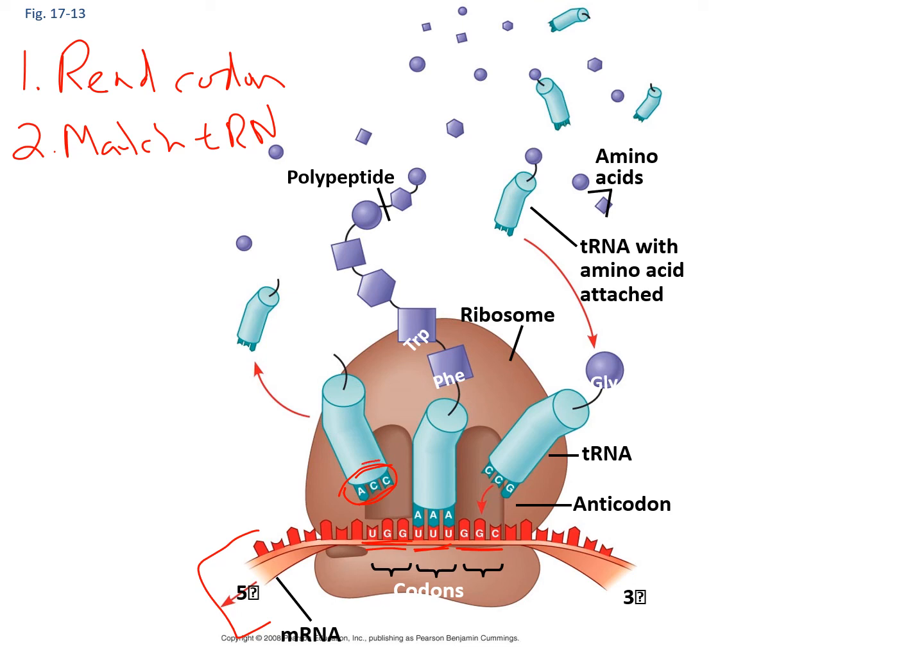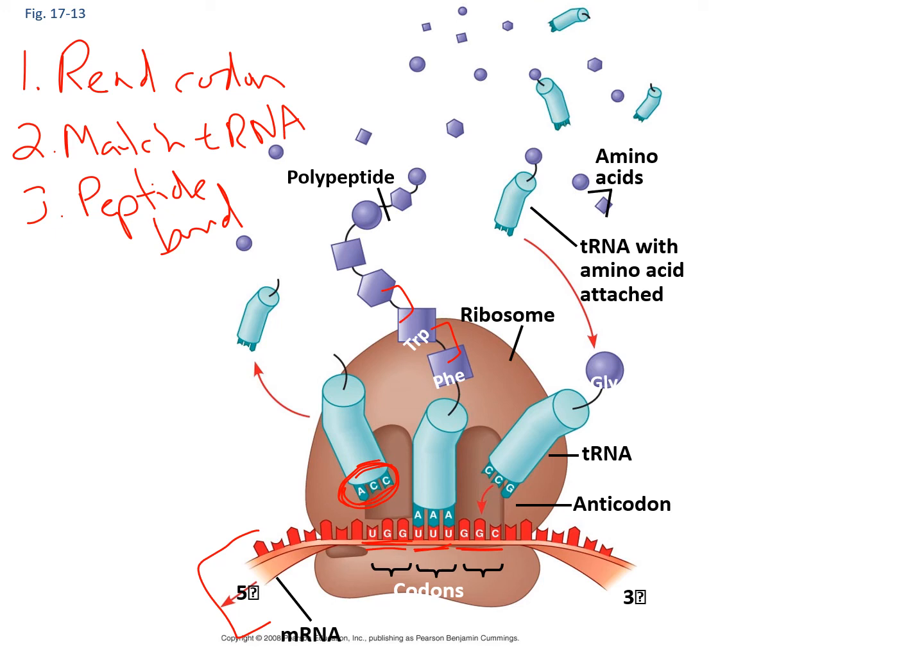Remember, on the tRNA, this is called the anticodon. Once it matches the appropriate tRNA, then it is going to form a peptide bond. The peptide bond is what links amino acids together.